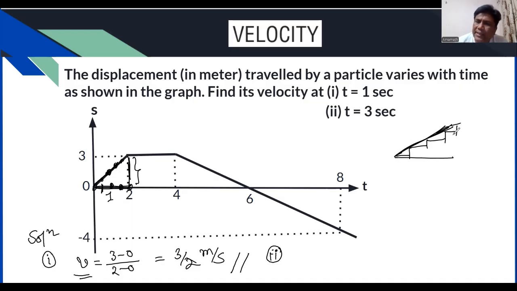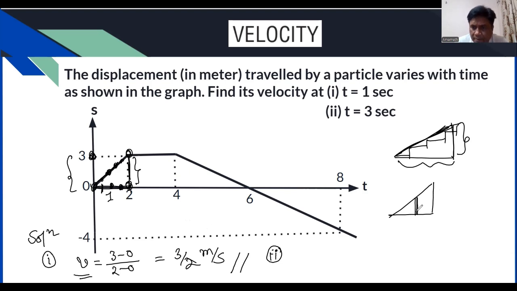So what I am taking is the bigger slope because I know this data. I know this coordinate is 3, and I know this also, it is 2. So that is 3 minus 0, this is the perpendicular, and 2 minus 0 is the base. So if I take this one also, the answer will be the same only.